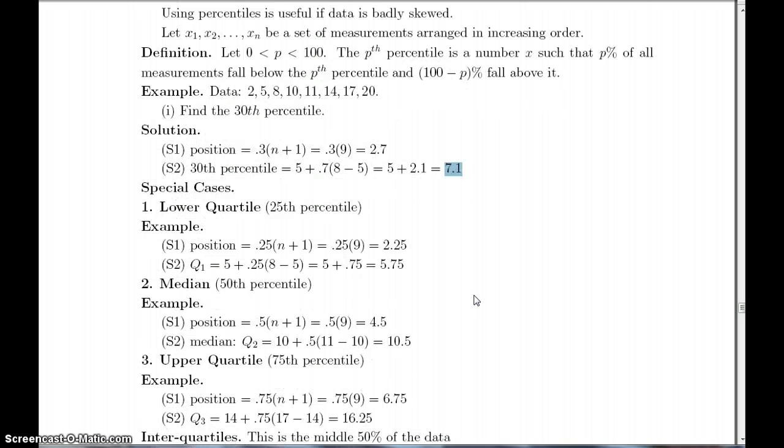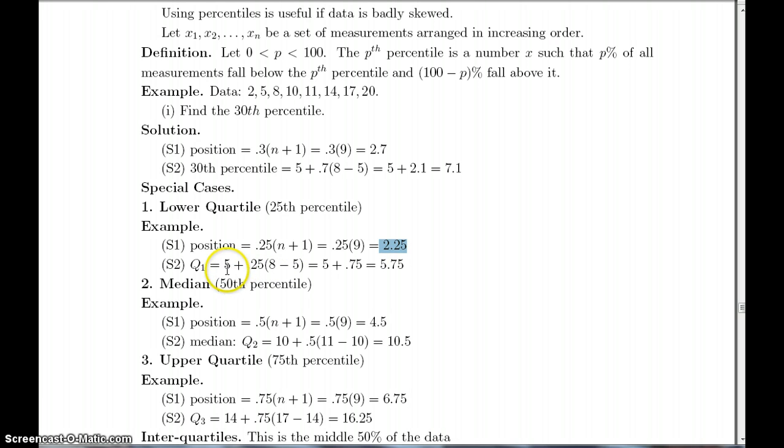Let's apply this to the first quartile, or the lower quartile, or the 25th percentile. First, 0.25 times n plus 1, that's 0.25 times 9, or 2.25. So now I know immediately my first quartile is between the second and the third, but now it's 25% of the distance between the second and the third measurement.